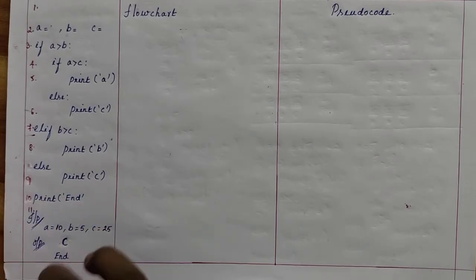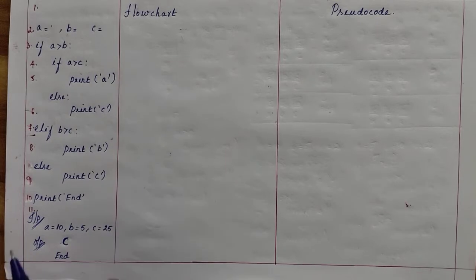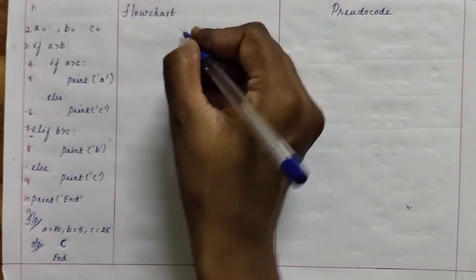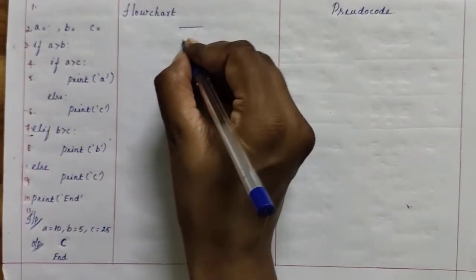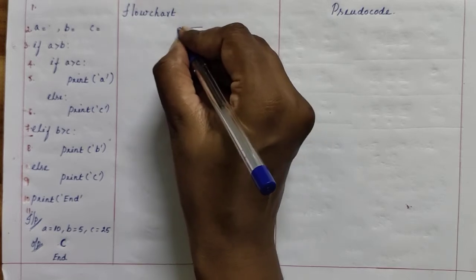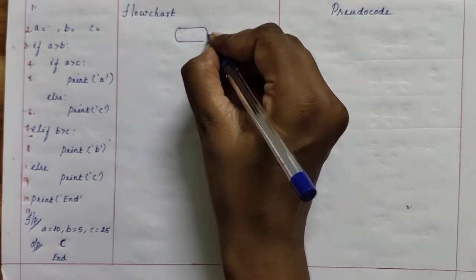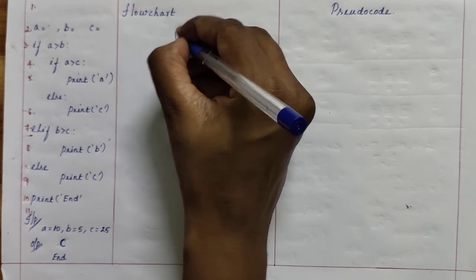We all know the basic symbols that are used in the flowchart. The first thing is start. Start is the terminal symbol, so we draw an oval, and this is our start.